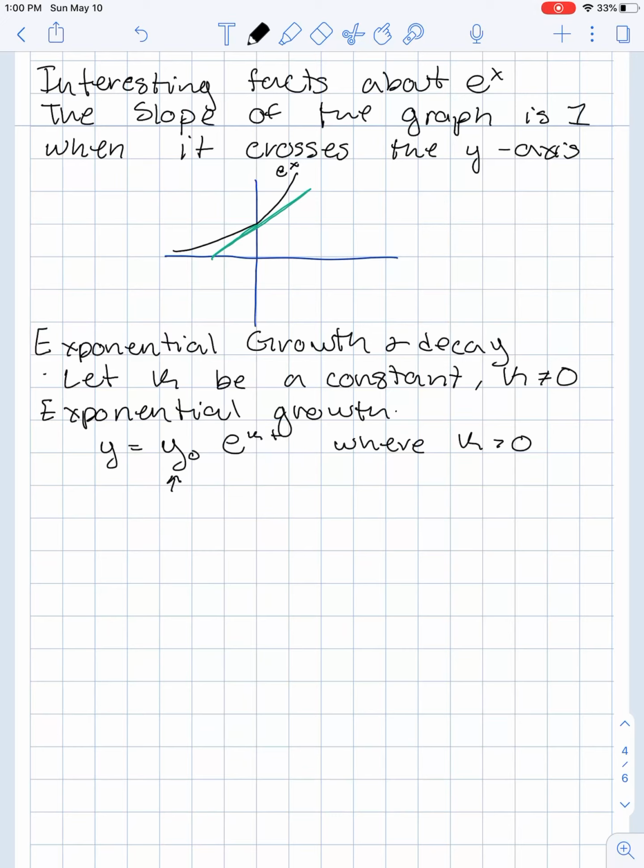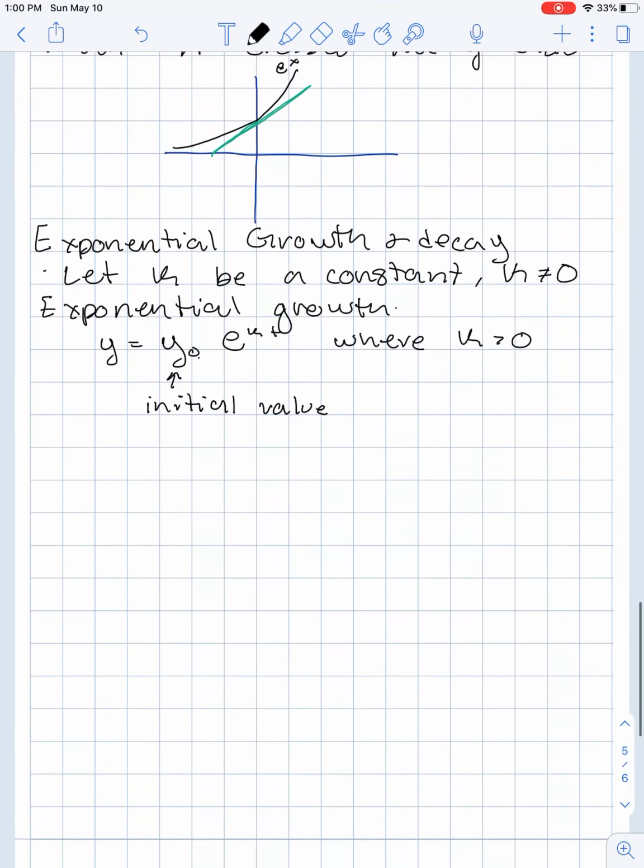Oh yeah, k can't be 0. That would just be silly. y naught is our initial value, our initial investment, our number of people in a city, the size of something, just our initial value. Usually if something has a little 0 like that, you say y naught.